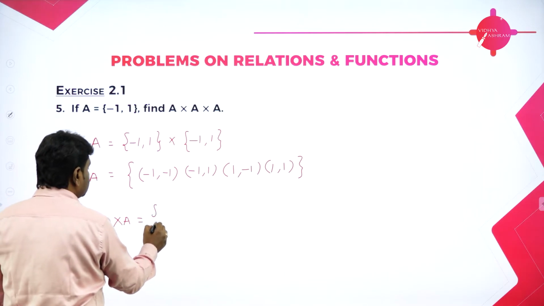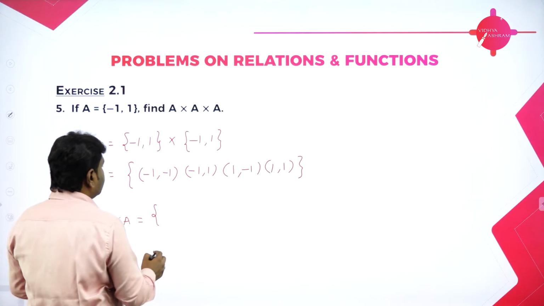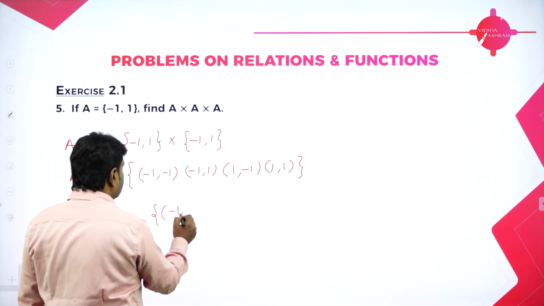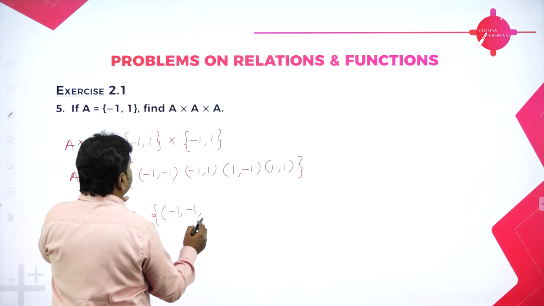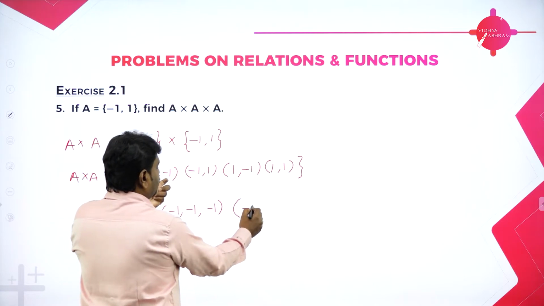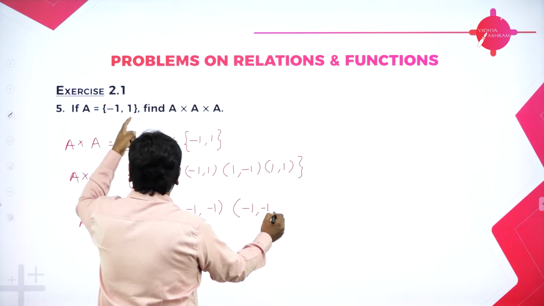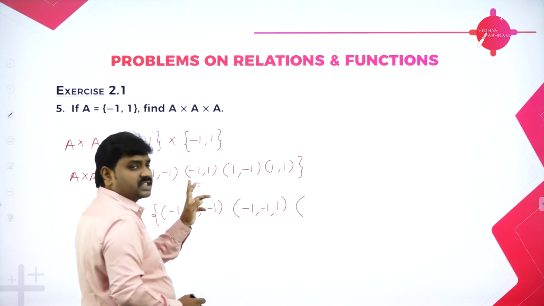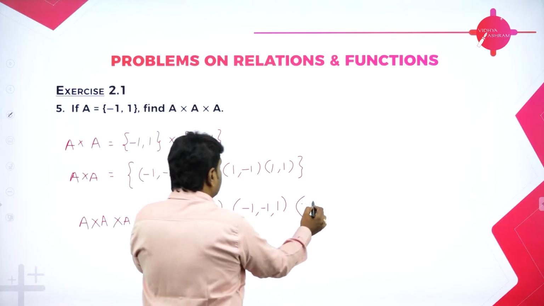We have to take the first element, minus 1 minus 1, and I should take it with A, that is minus 1. Then this order pair, minus 1 and 1. Then go to the second order pair, minus 1 1.